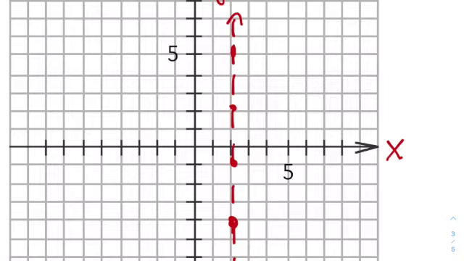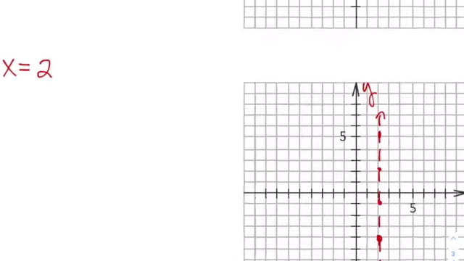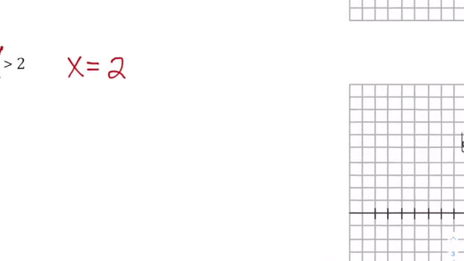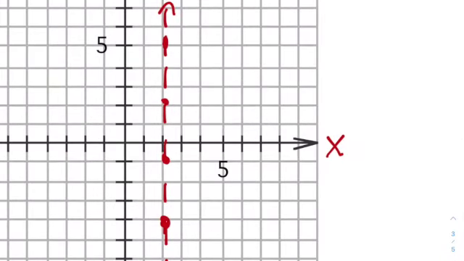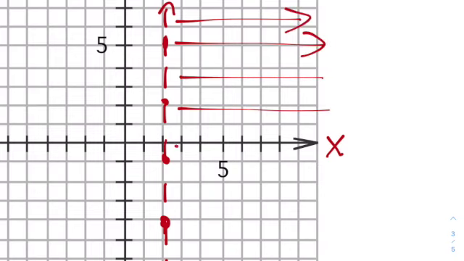If it's bigger than 2, it's got to be 3, 4, 5, 6, 7, 8. So therefore, it's this way, because we are looking at the x-axis, because it's x greater than 2. This will be concluding our graphing linear inequality. Please let me know if you have any questions.